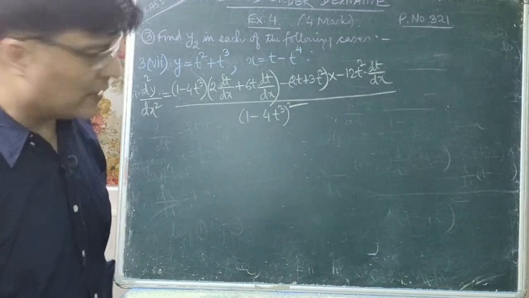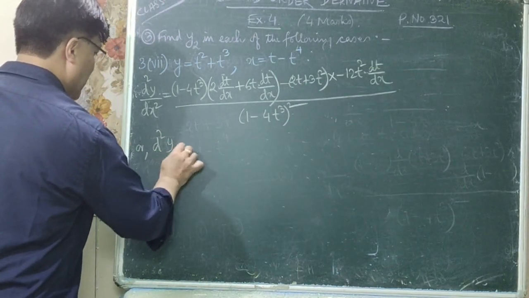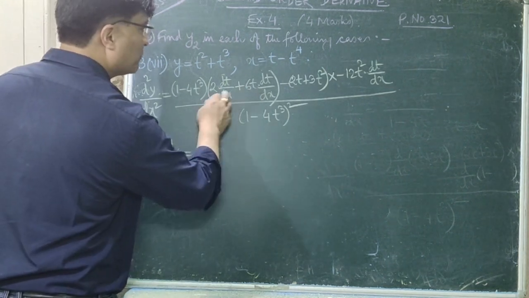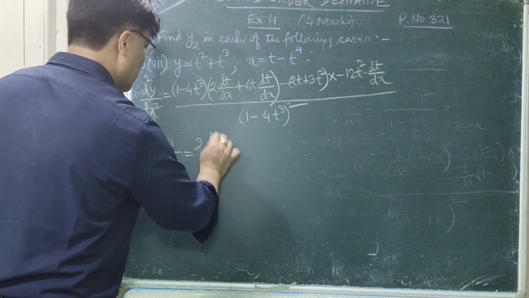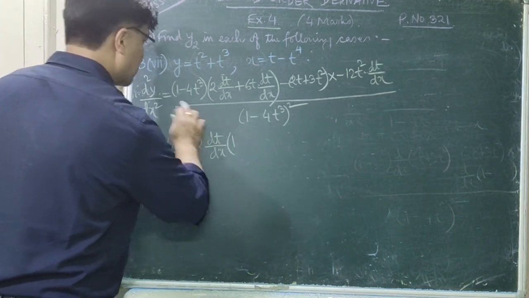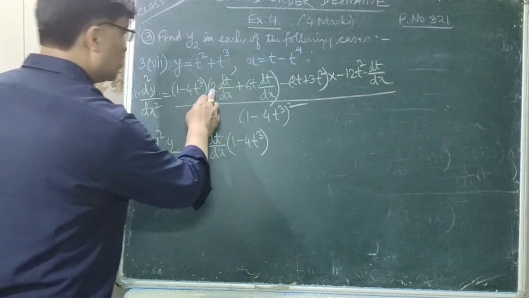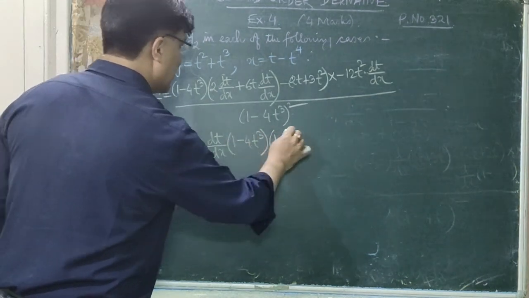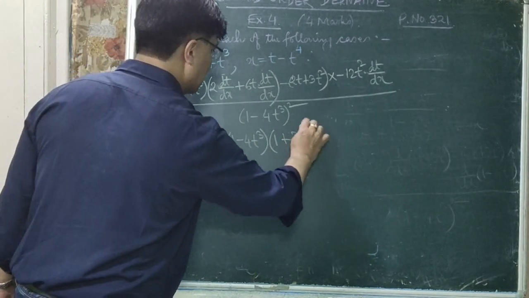So now let us simplify it. d2y by dx square is equal to, what is common out here? 2 into dt by dx is taken common. So within bracket, this factor remains the same, 1 minus 4t cube, right? 2 into dt by dx is taken common here, so it is 1 plus 3t only.